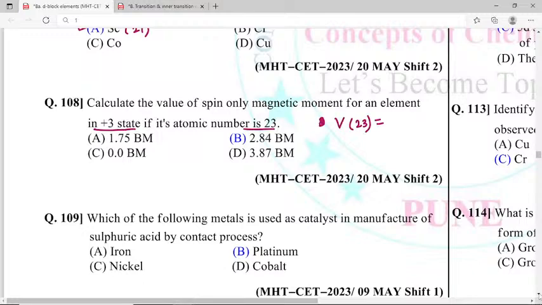Vanadium has the electronic configuration 3d3 4s2, and in the plus 3 oxidation state it becomes 3d2. So 2 unpaired electrons, 2.84.